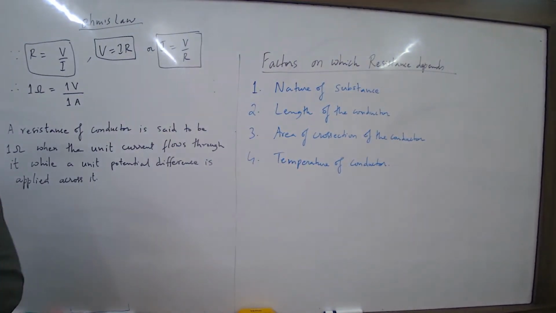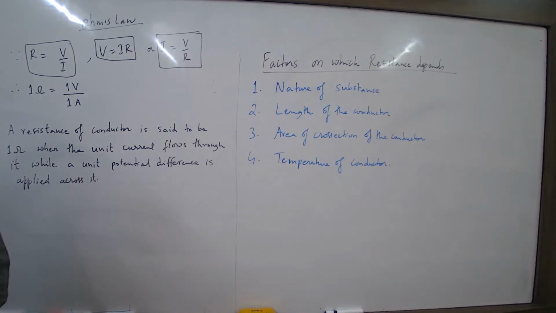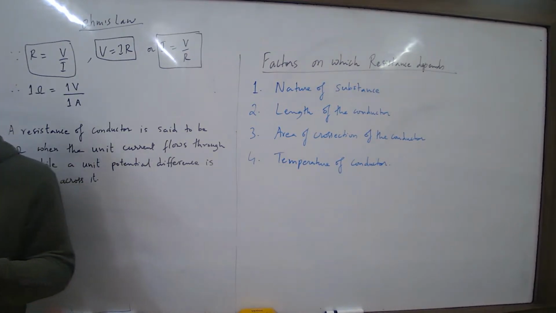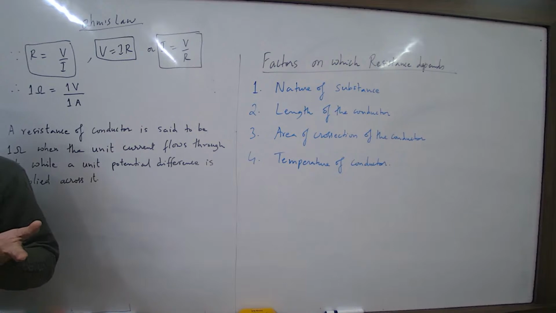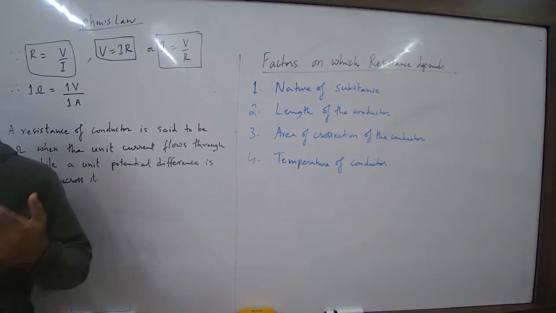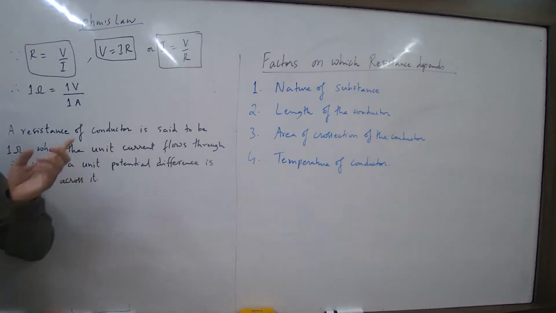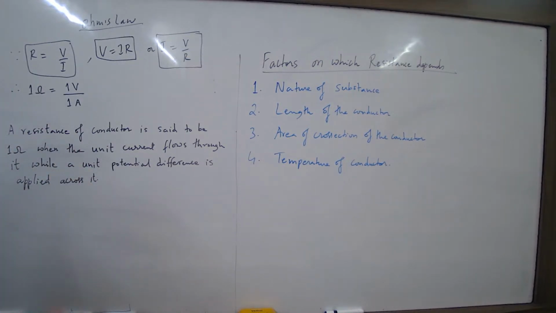These are the four things on which resistance of the conductor depends. Nature of the substance. Like copper will have different resistance, silver will have different resistance, iron will have different resistance. So whenever you change the substance, it will have different resistance.